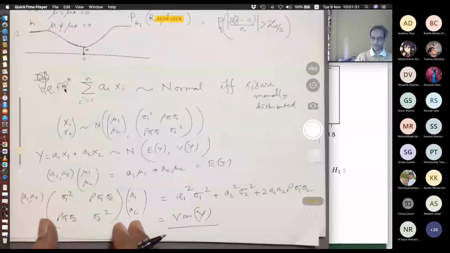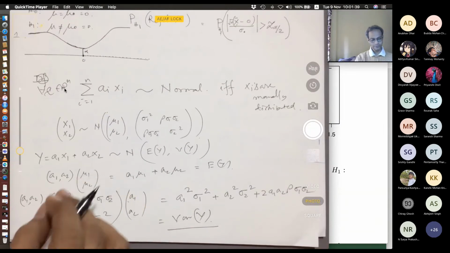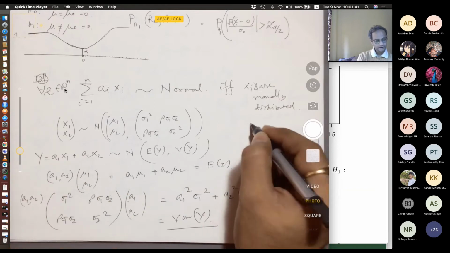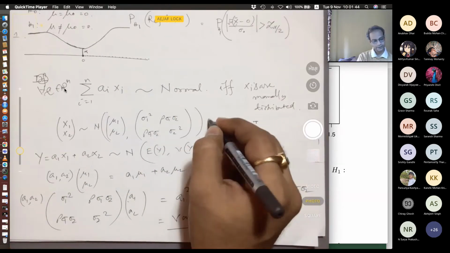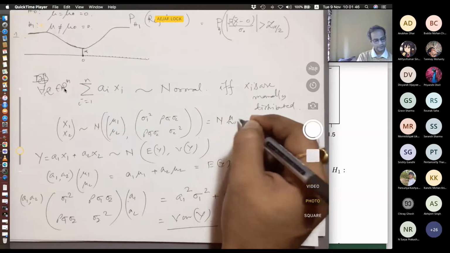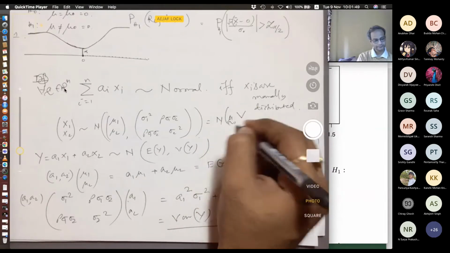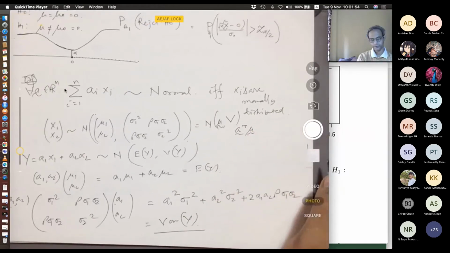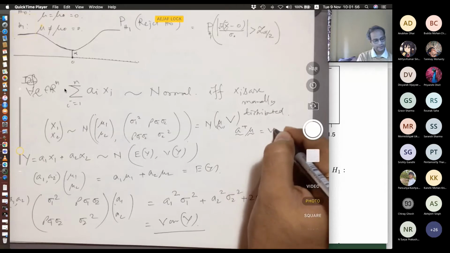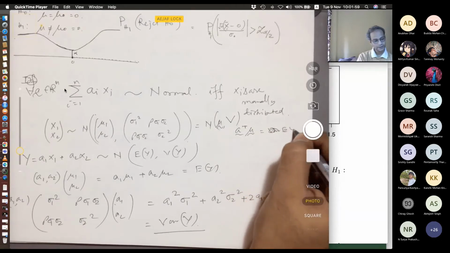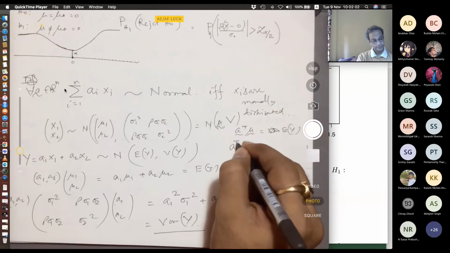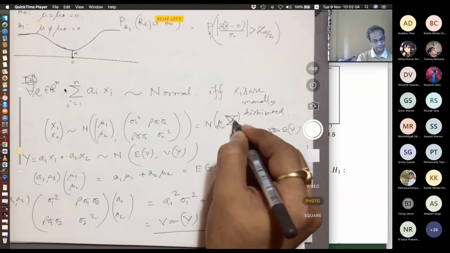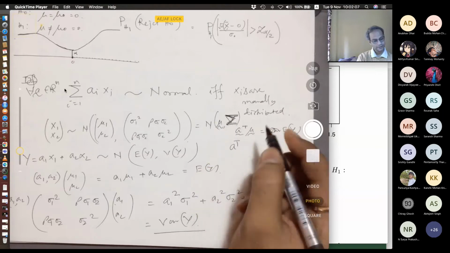And this can be extended in general for n-component normal distribution. So then it will be an n-component A vector. If I say it is normal with mu vector and V matrix, then the mean is A transpose mu. The variance of y is A transpose sigma A, where sigma is the matrix, usually written as sigma matrix.